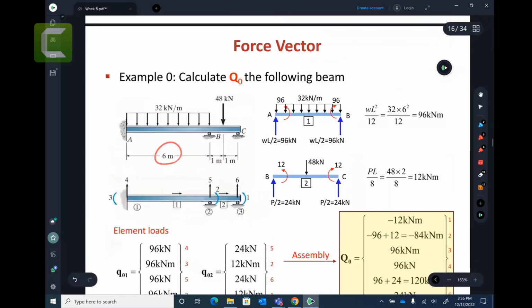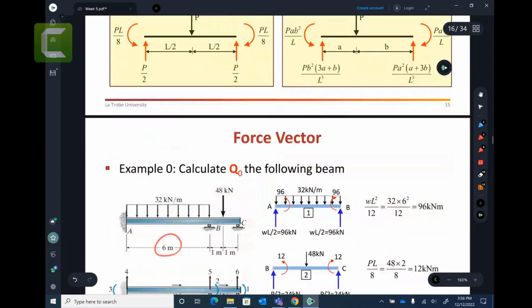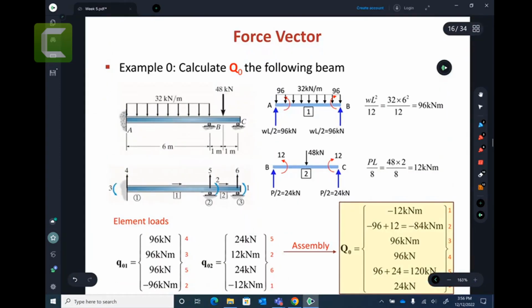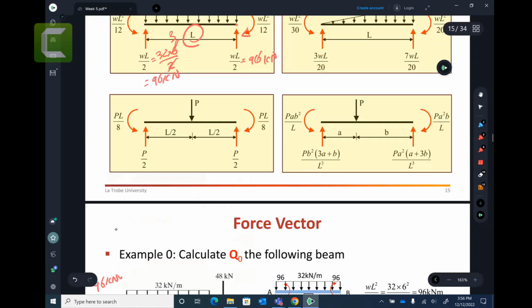So what we can do is put those forces: force going here 96 kilonewtons, moment going here 96 kilonewton meters. This force here 96 kilonewtons, and this moment is in which direction?